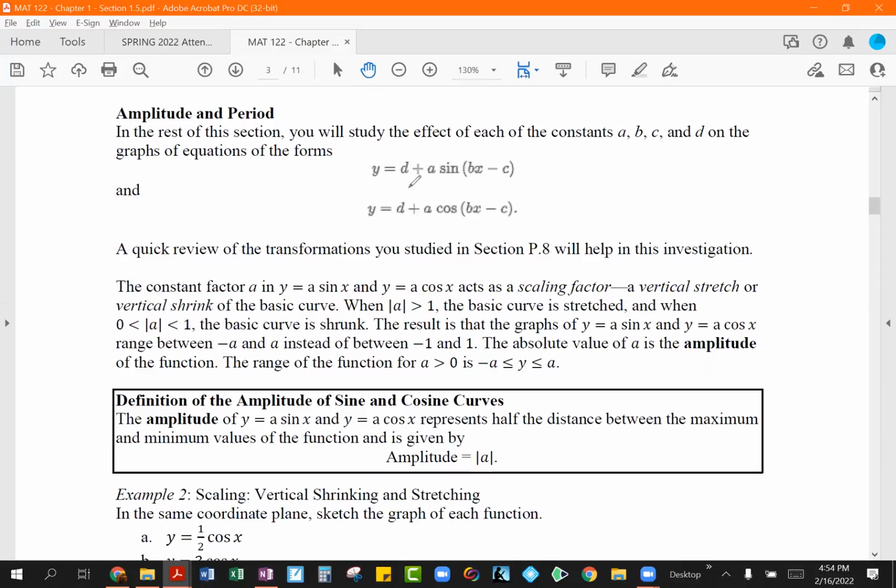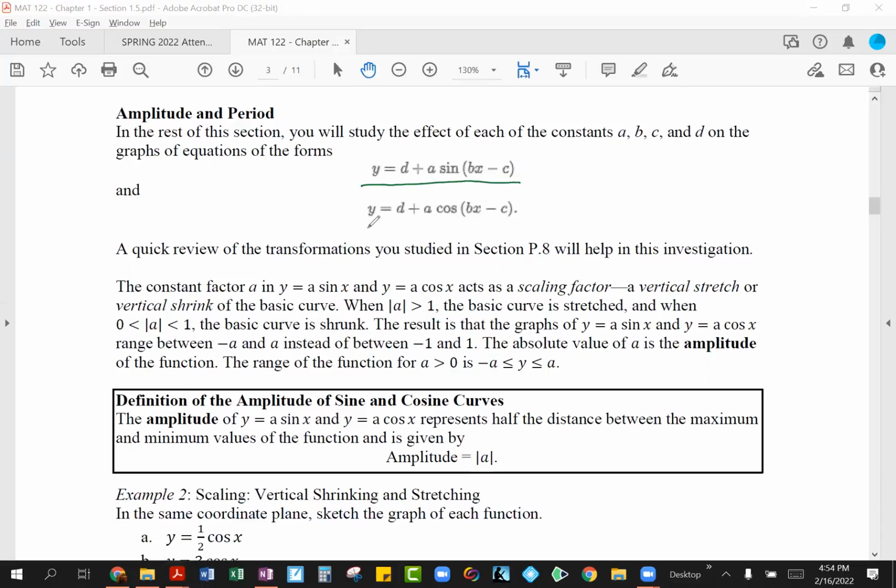Now we're getting into what we call transformations. And you guys have studied transformations in college algebra. This is where we talked about translations, vertical or horizontal, when you're moving your graph horizontally on the x-axis, or vertically on the y-axis.